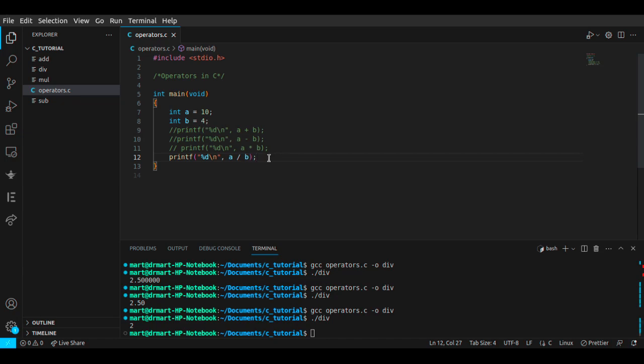So then this brings me to the modulus operator. So to do this, I'm going to put this word division, and then I'm going to print another line. This time, modulus.